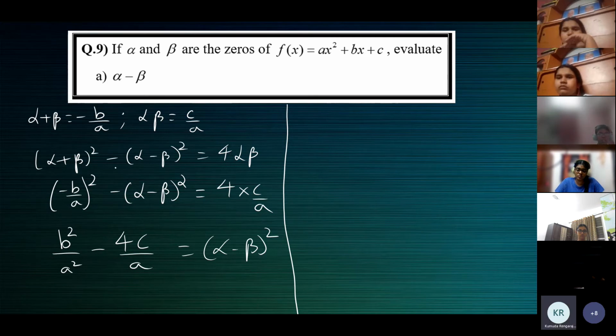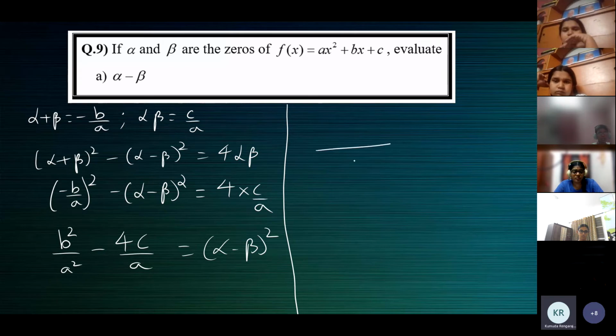This identity beautifully connects alpha plus beta, alpha minus beta, and alpha beta, so you can substitute whatever you know. I've written b square by a square here. This 4c by a comes to the other side as minus 4c by a. When you take it to the RHS, it becomes alpha minus beta the whole square, minus becomes plus. Now let's take the LCM in the LHS.